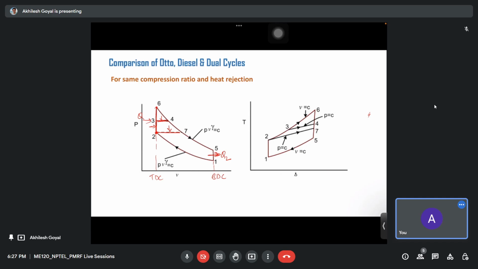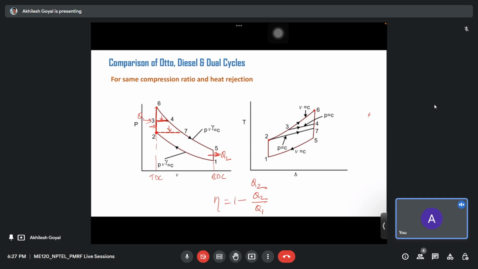For the same heat rejection value Q2, the efficiency for any cycle, that is 1 minus Q2 by Q1, will depend on Q1 only, the heat addition. And from the TS diagram, we can see the heat addition is maximum from point 2 to 6.